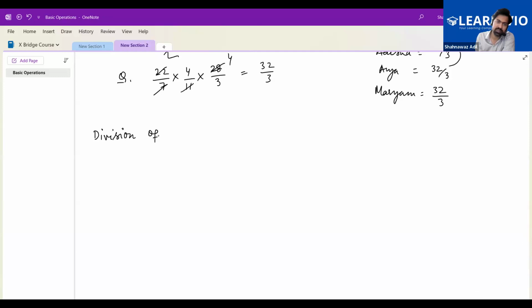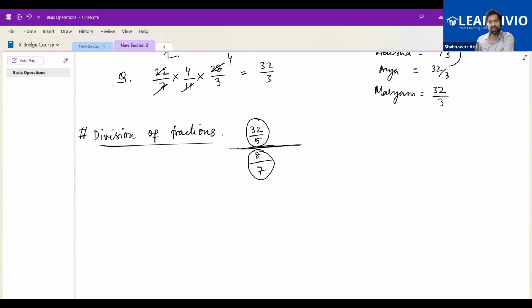So division of fractions. Let's say we have something like 32 by 5 divided by 8 by 7. So this is the main division, the bigger division, and these two are the fractions.